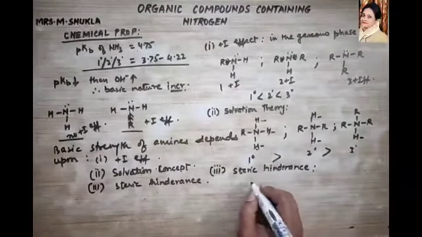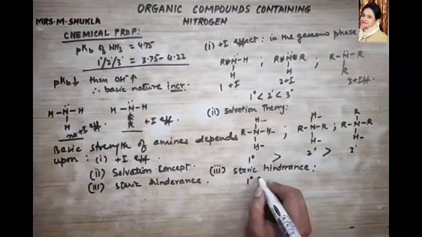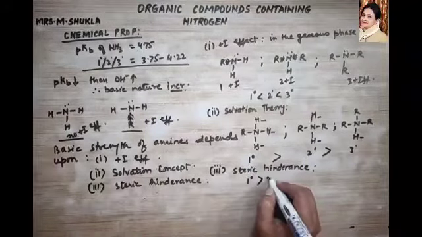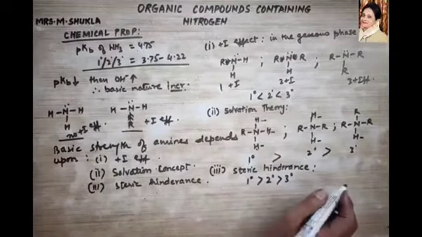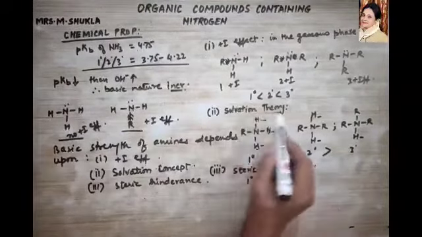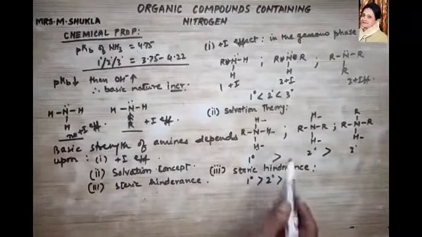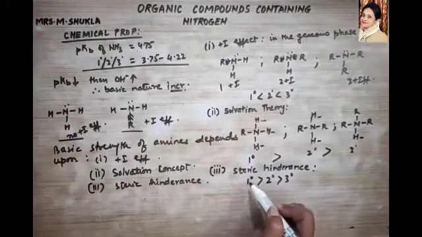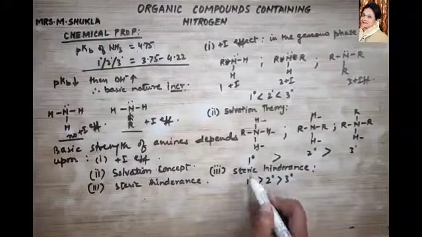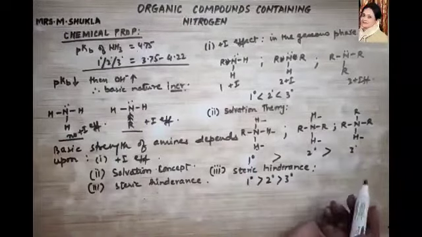So over here also, your primary is more basic in nature than your secondary, than your tertiary. So we checked the solvation theory and the steric hindrance theory. They both show the same basic property: the primary amine is more basic than the secondary, than the tertiary.